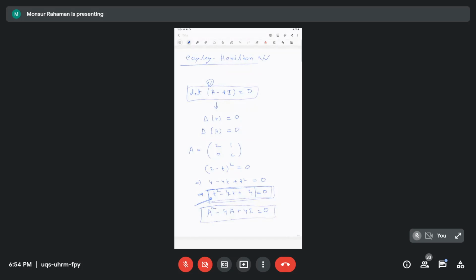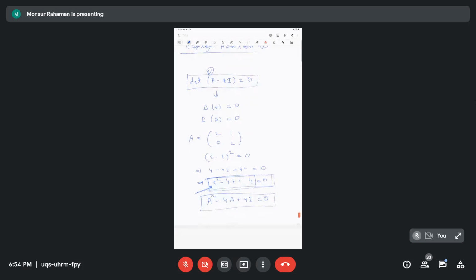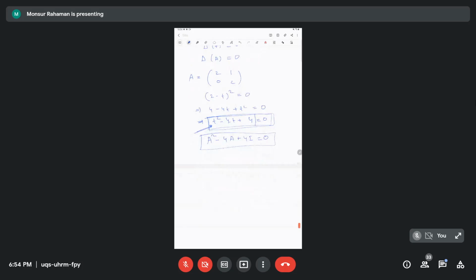This is the theorem, and it helps. If a is diagonalizable, then d equals p inverse a p. You can rewrite it as a equals p d p inverse.